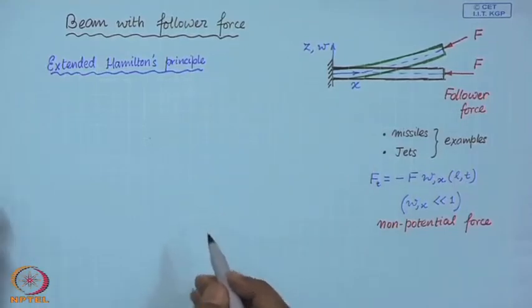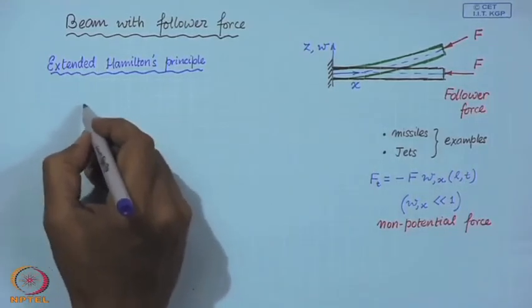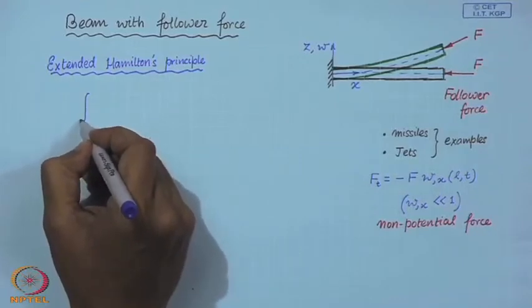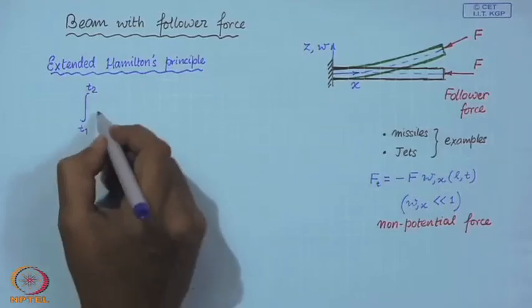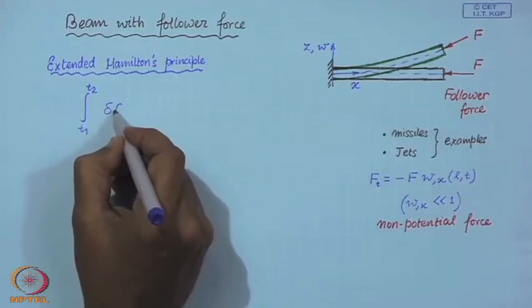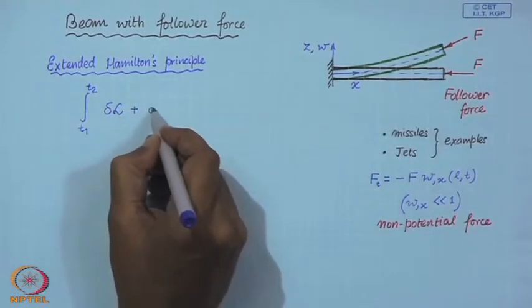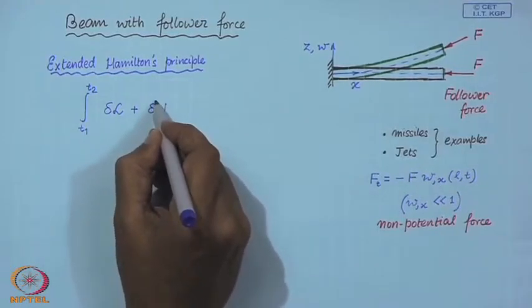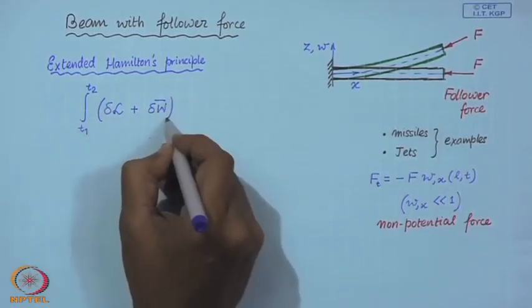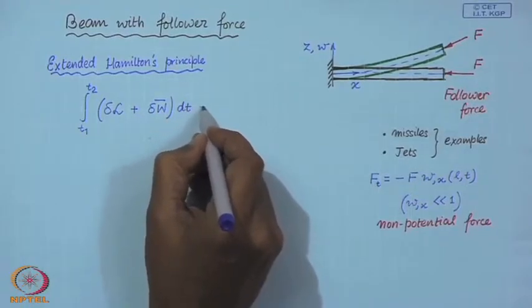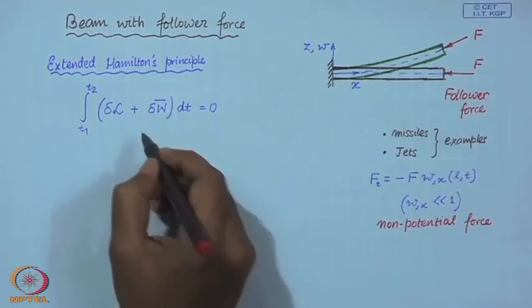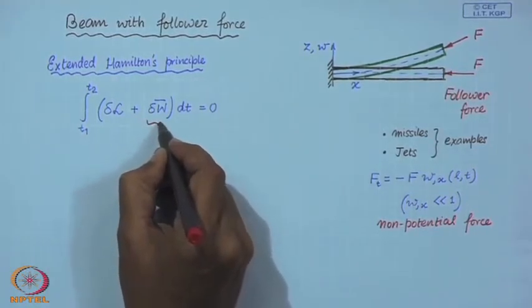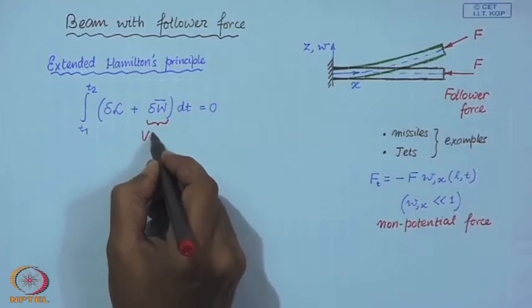So, in extended Hamilton's principle, what it says is this must be 0. Now, here this is the virtual work done by non-potential forces.